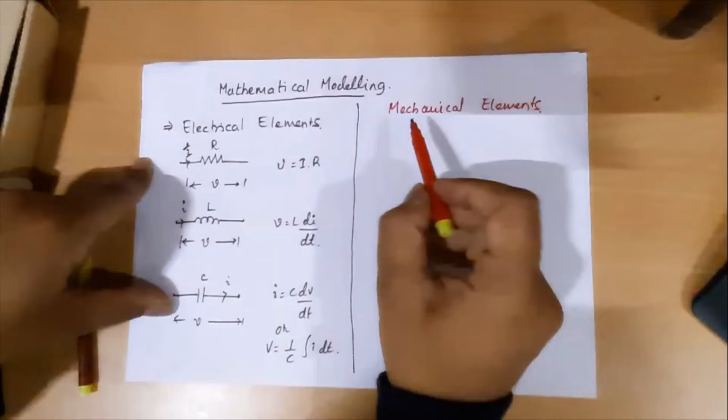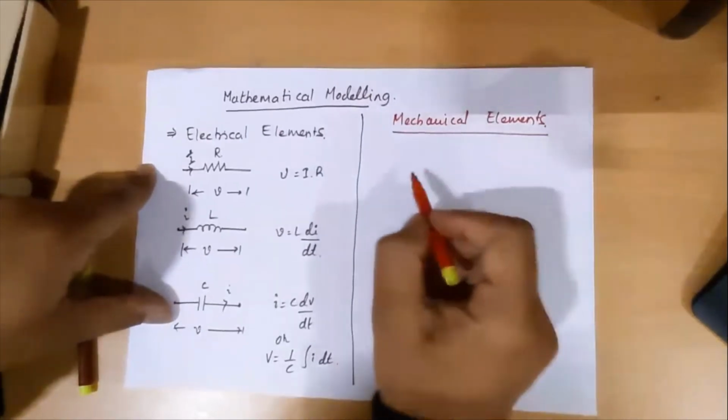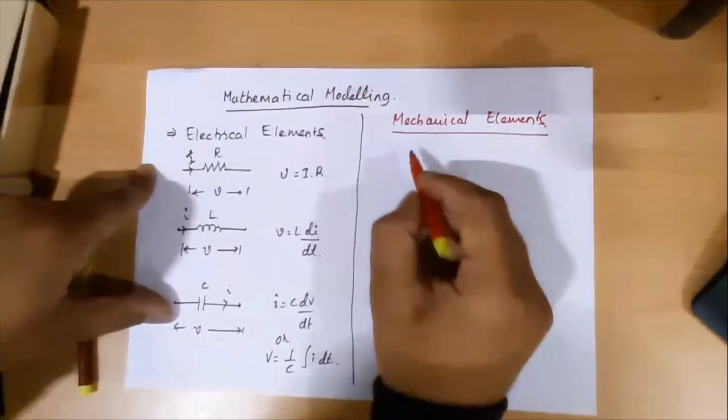Fine then. So now we'll start with the mechanical elements. We have finished the electrical elements. So late joiners, please understand the left side equation, and we are starting now with the right hand side, with mechanical elements. Can anyone tell me the elementary subsystems of a mechanical system that you have come across?